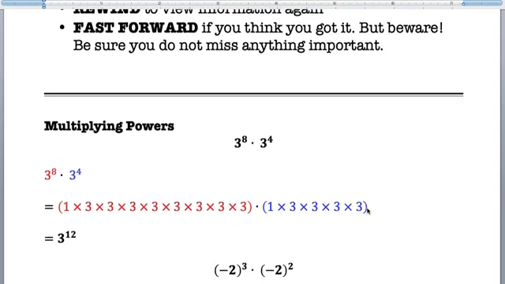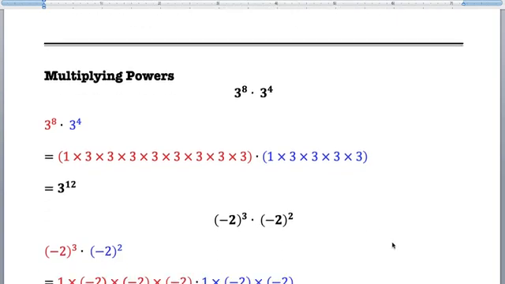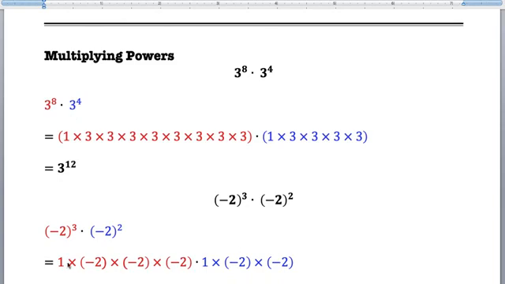Here's another example. We have negative 2 to the 3rd power times negative 2 to the 2nd power. Here, the negative and the 2 are together in the parentheses, so we're going to make sure that they follow each other. The 3rd power is in red, the 2nd power is in blue. So we have 1 times negative 2, 3 times, and 1 times negative 2, 2 times.